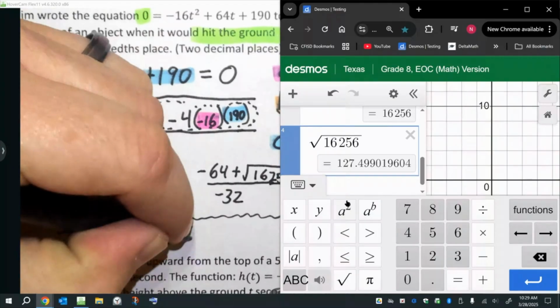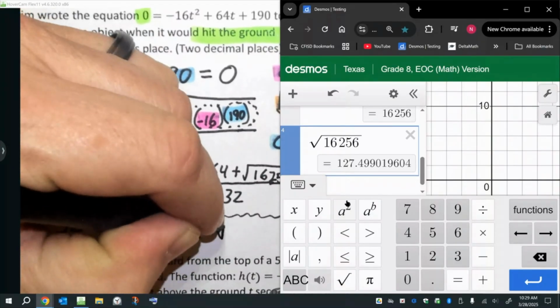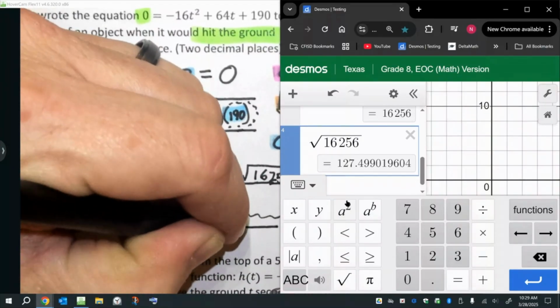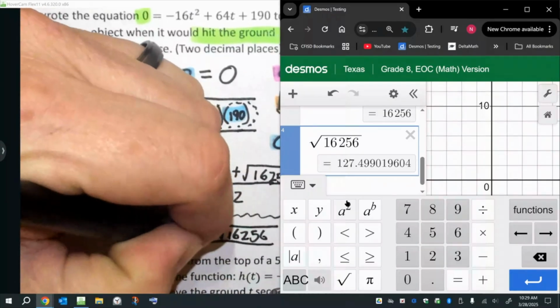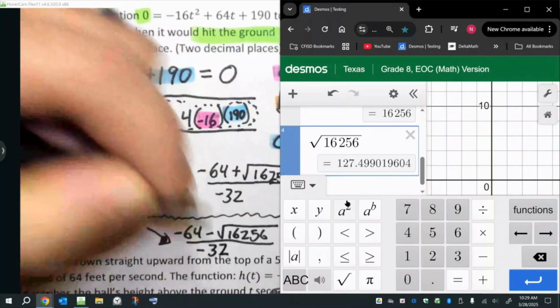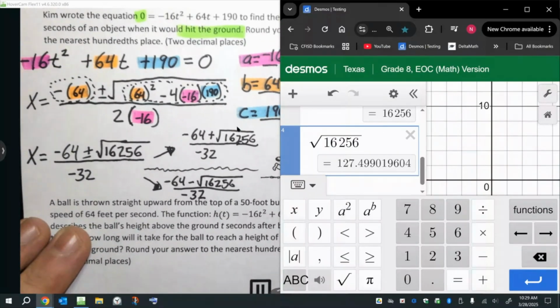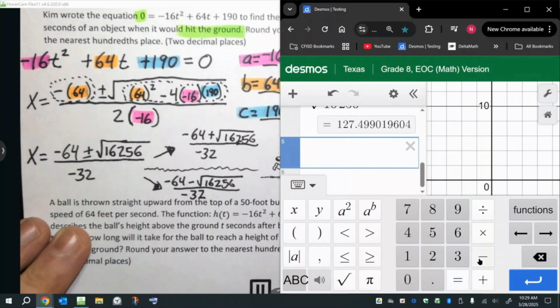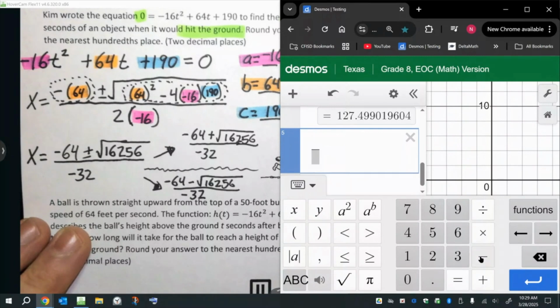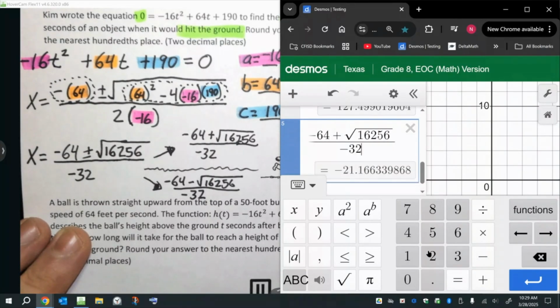And then we have negative 64 minus the square root of 16,256 all over negative 32. Now what we want to determine is what those messy numbers are: negative 64 plus the square root of 16,256 over negative 32.